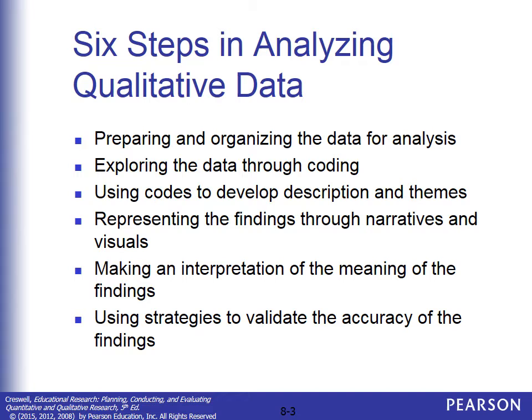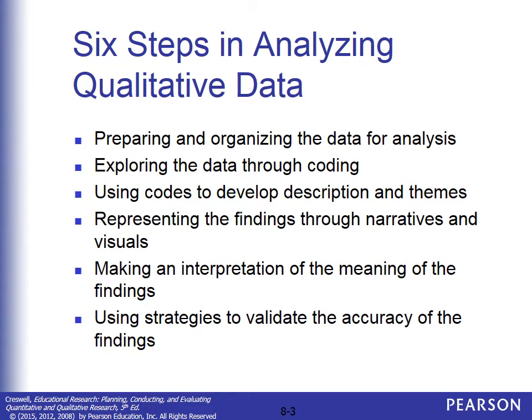Then the researcher also uses the codes to develop a more general picture of the data, such as the descriptions and themes, and the researcher then represents the findings through narratives and visuals, and finally makes an interpretation of the meaning of the results by reflecting both personally on the impacts of the findings and on the literature that might inform the findings. And finally, and importantly as well, you need to talk as a researcher about the accuracy of your findings.